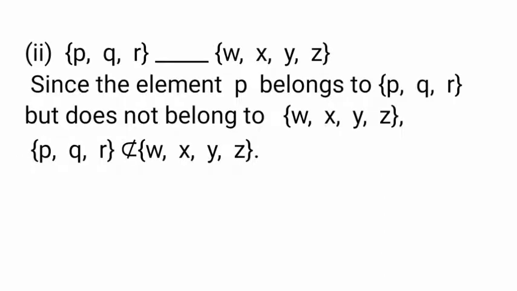Second one, the set {P, Q, R} dash the set {W, X, Y, Z}. Since the element P belongs to {P, Q, R} but does not belong to {W, X, Y, Z}. Q also belongs to {P, Q, R}, does not belong to the second set.